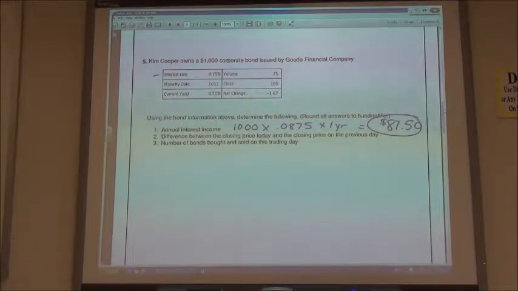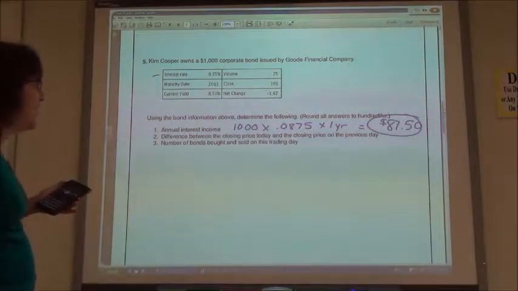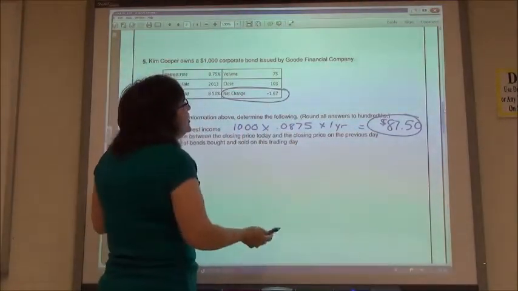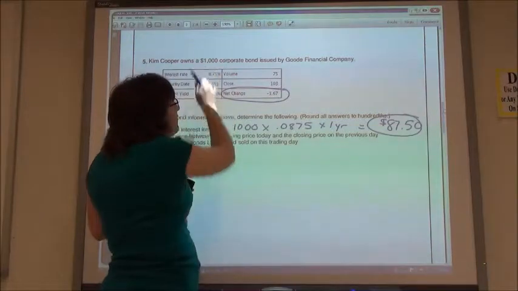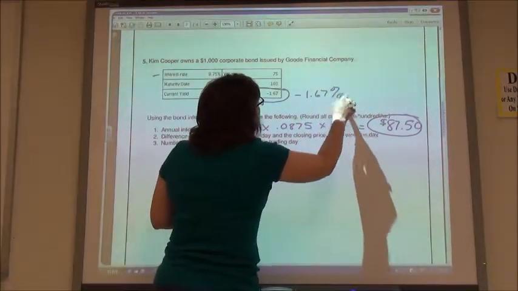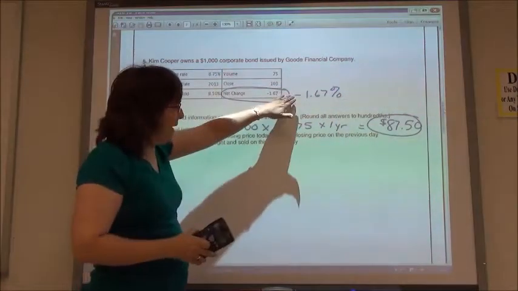Number 2 says the difference between the closing price today and the closing price on the previous day. That's going to be your net change, but you have to know that the net change is a percentage of the face value. So this is really negative 1.67%, and so it decreased.